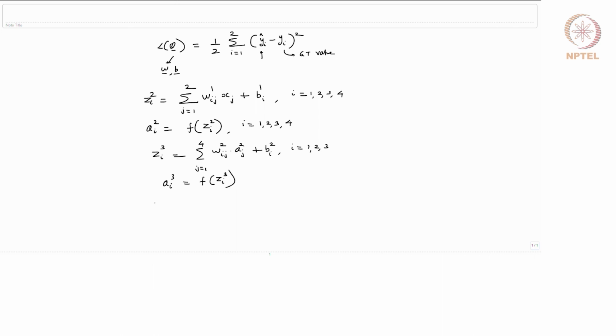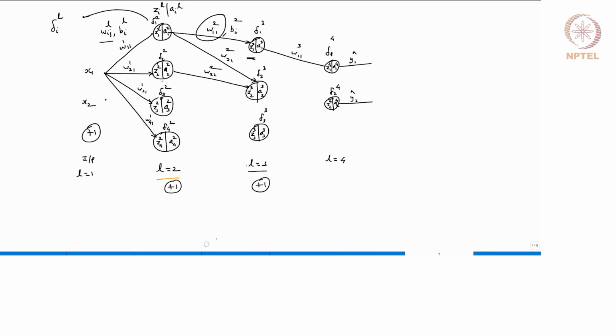And then finally we can write down Zi4, because Zi4 is this last guy. Zi4 receives inputs, so the inputs to it are A13, A23 and so on, and then you will have W113. And what will you write here for the bias? B1 for the first neuron and B2 for the second neuron, so I will just write it as Bi3.